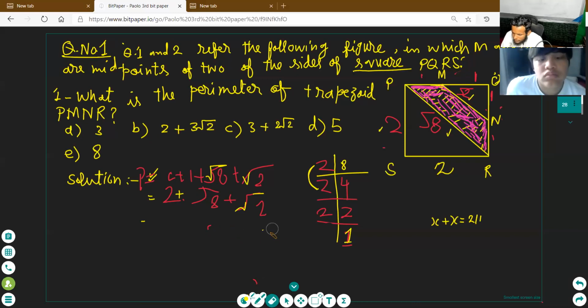What are you doing? First simplify under root 8. Here, 2 raised to power 2, 2 square, okay? We write the pair form. Why are you writing 3? Do not write 3, just put 2.